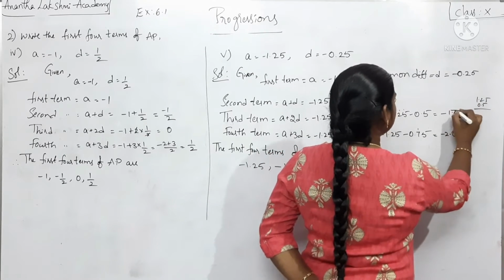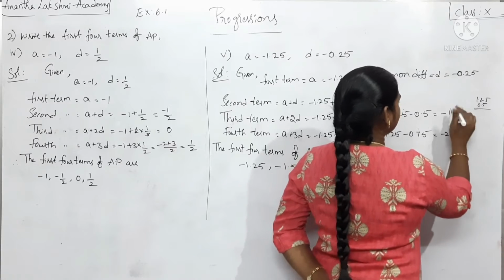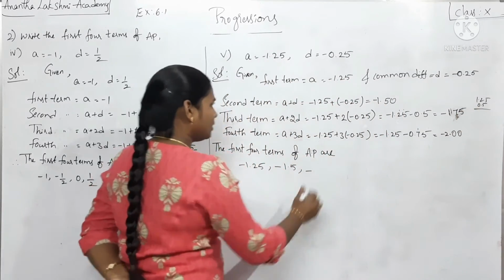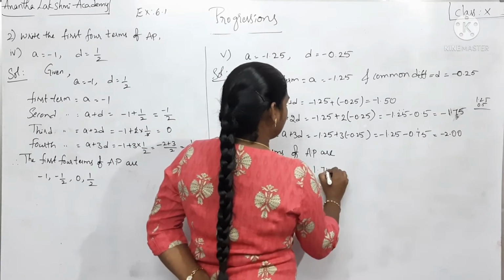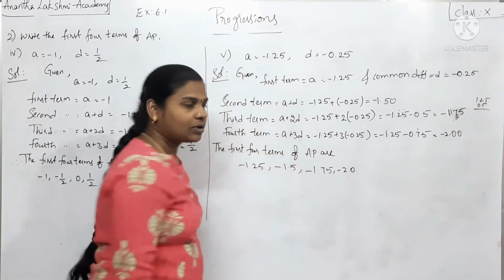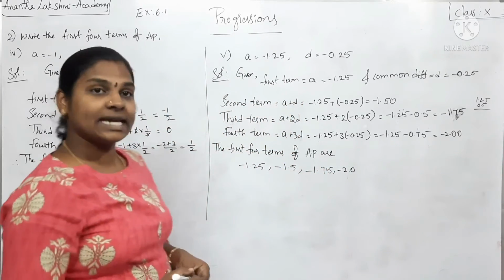So this is 1.75, minus 1.75, and the last one is minus 2.0. Okay, that is about the second problem.